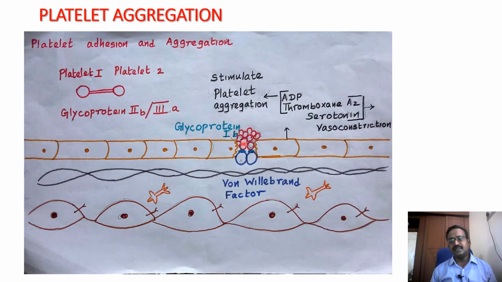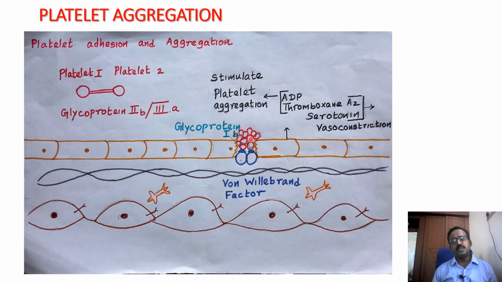So the platelet attaches and seals the injured site by attaching with the von Willebrand factor. The von Willebrand factor attaches with the platelet by the binding protein called glycoprotein 1b. The platelet attaches with the von Willebrand factor through glycoprotein 1b.